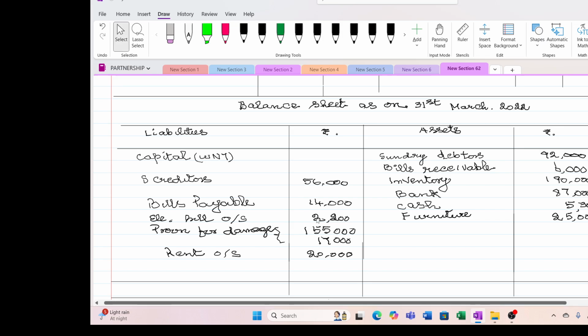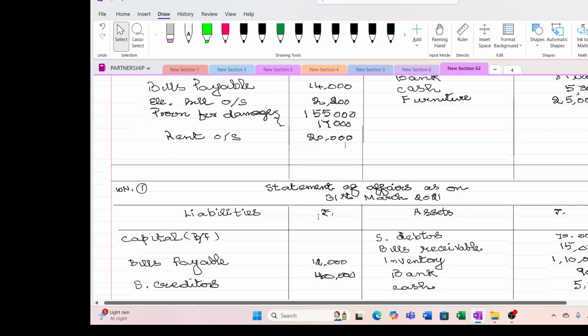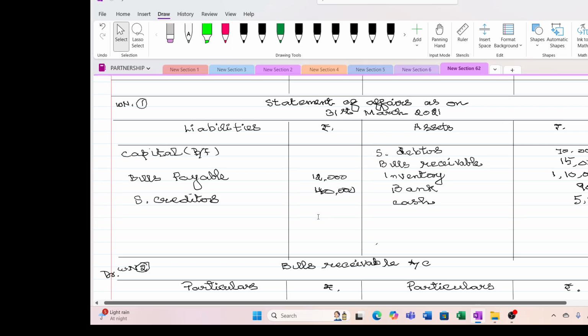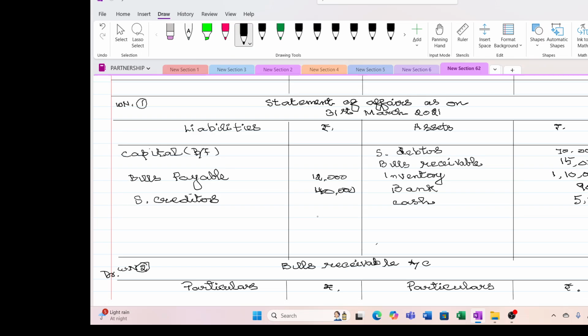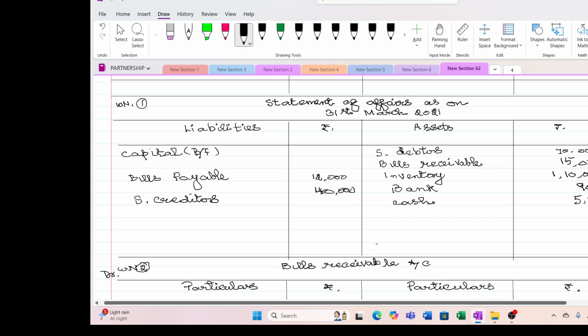So we will close the accounts one by one. As I said, we can close the statement of affairs first. After that, we will move on to bills receivable, bills payable, then debtor and creditors account. This is 70 plus 15 plus 1 lakh 10,000 plus 90 plus 5,200, which comes to 2 lakh 90,100. On the liability side, it is 52,000.